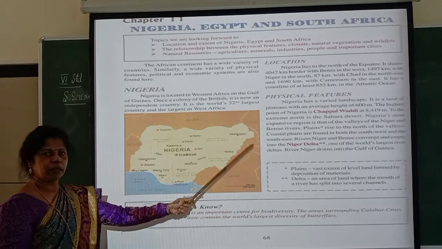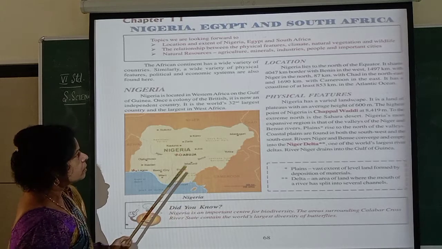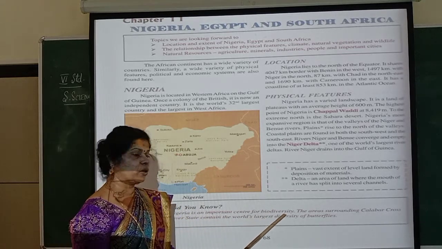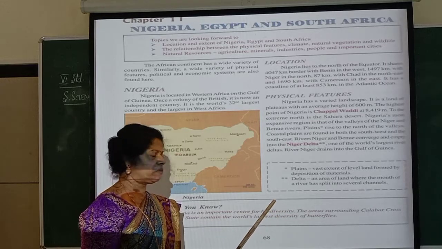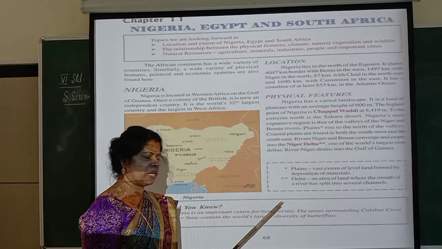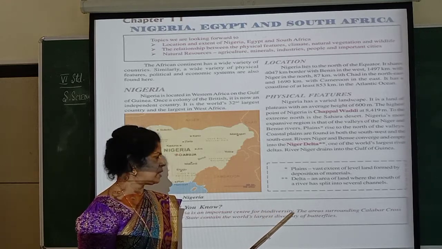So this is a map of Nigeria, we can see here. Here they have given: did you know? Nigeria is an important center for biodiversity. What do you mean by biodiversity? It means different life of plants and animals. Varieties of plants and animals, we call it biodiversity.